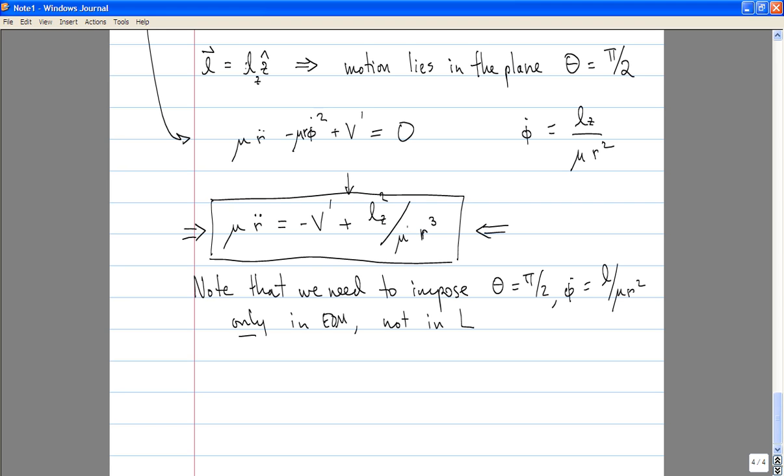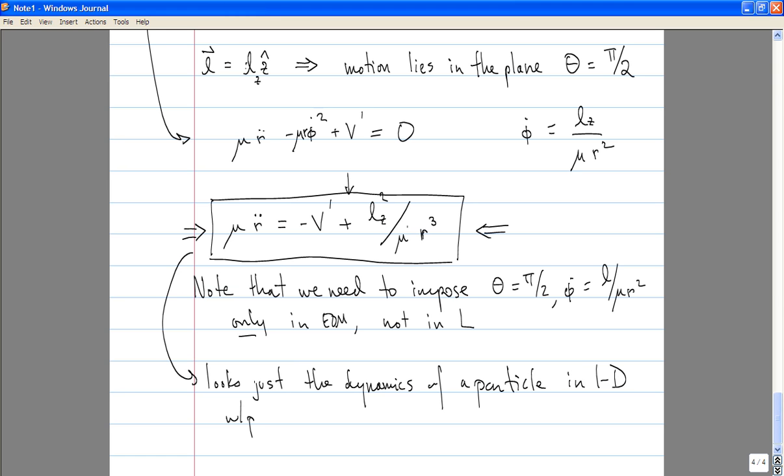Well, the remarkable thing is that this equation looks just like the dynamics of a particle moving in one dimension with position r.